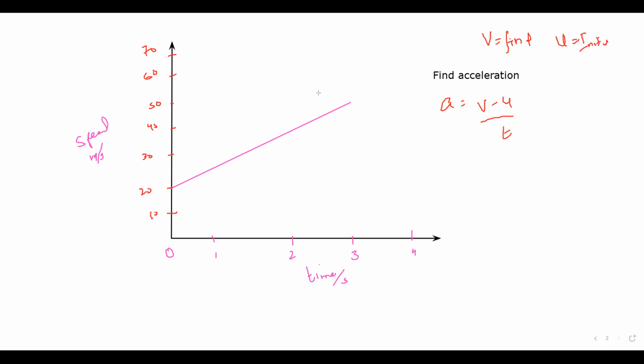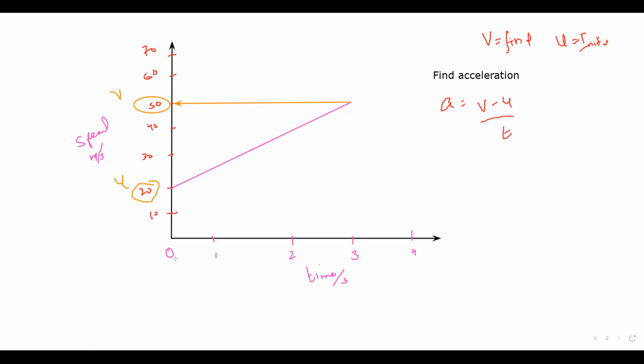We take the final point and draw a line to the y-axis to get the final speed. The final speed is equal to 50. This is a starting point. This is a starting speed. The starting speed is 20.